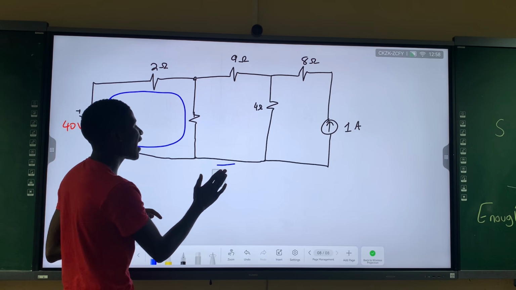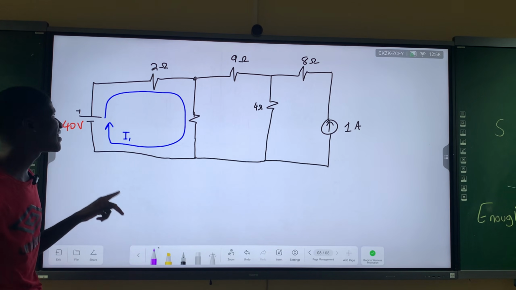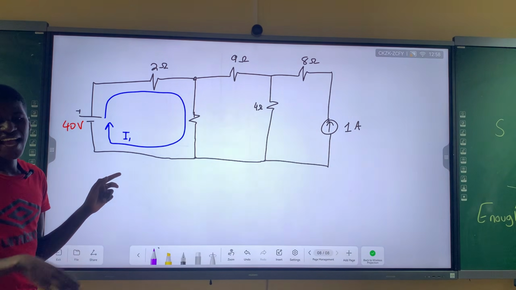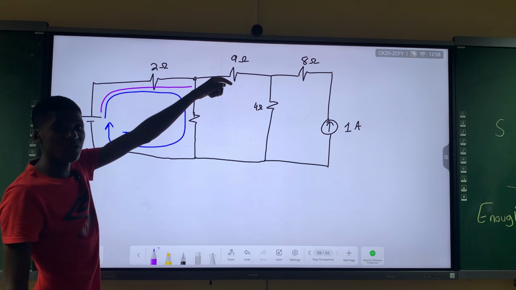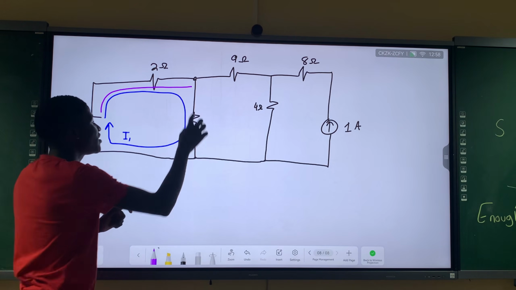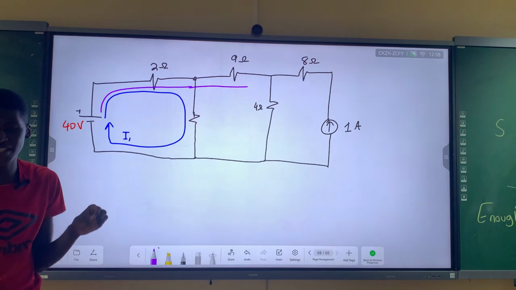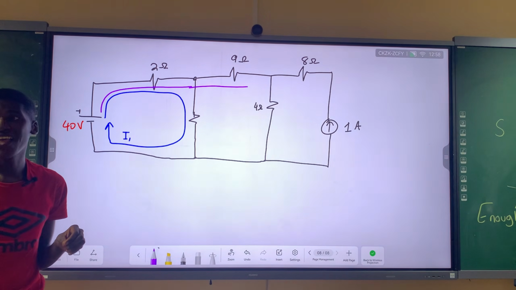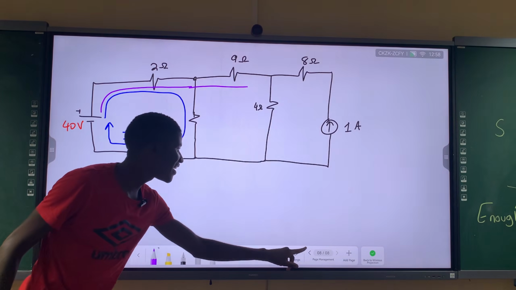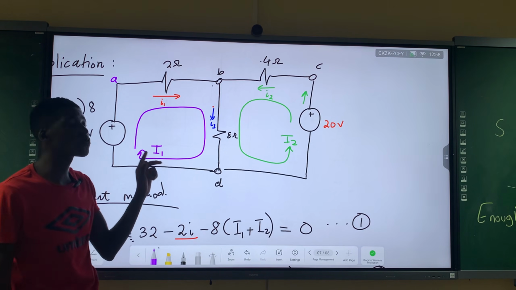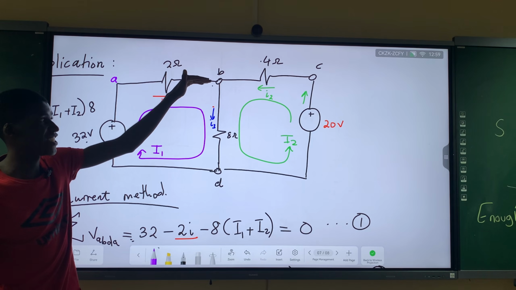But we know this I1 is not complete, so we can make another loop and say if I trace my I1 and trace it and trace it, it will continue. Yes, some of it can continue, because the loop current method says the loop you draw must indicate the direction in which its current moves. In the previous example we did, the loop we drew, I1, indicated that our current was moving in this direction, right?